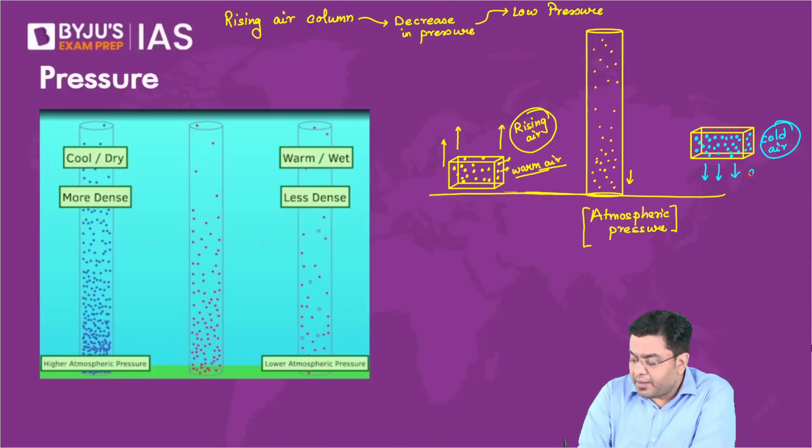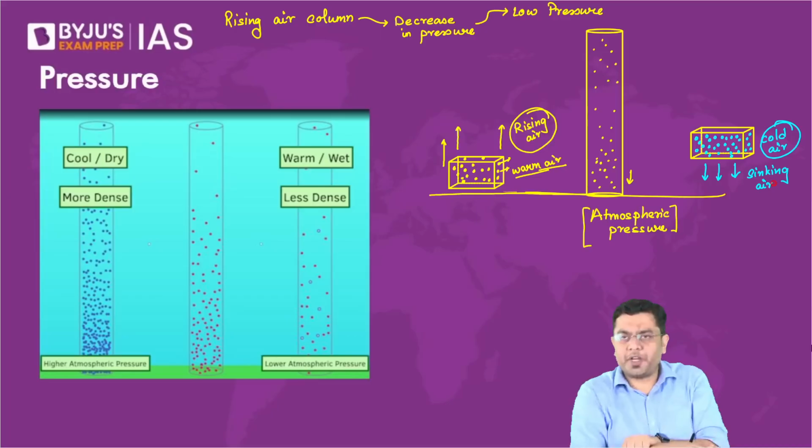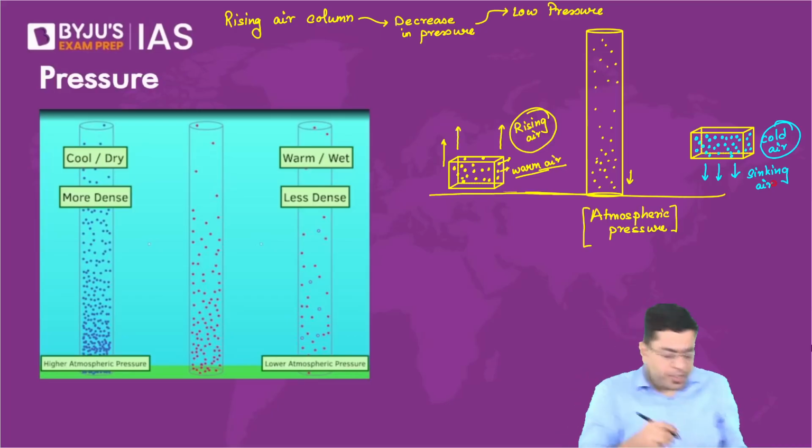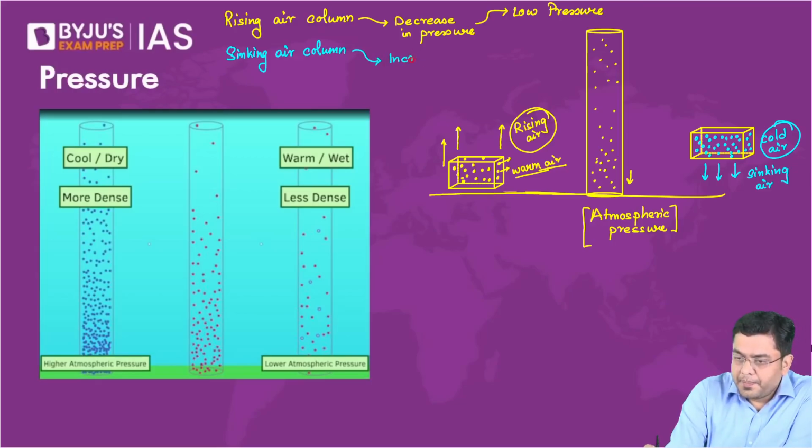So you have sinking air. Now what will it lead to? On a ground surface, if you already have sinking air, what will be the impact on pressure? It will increase the pressure. So a sinking air column will always lead to an increase in pressure, and that is what is referred to as high pressure.